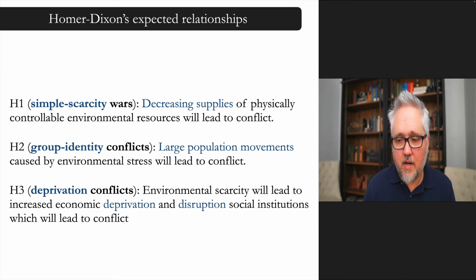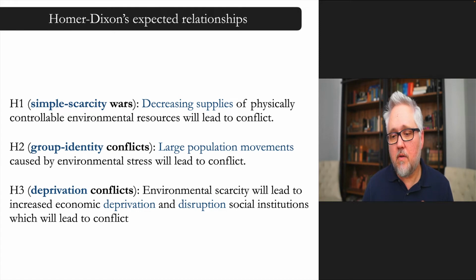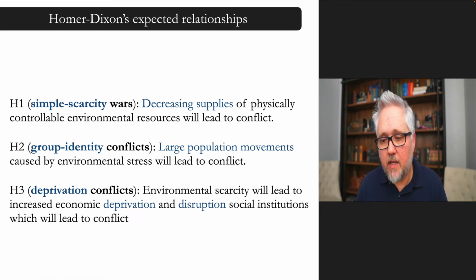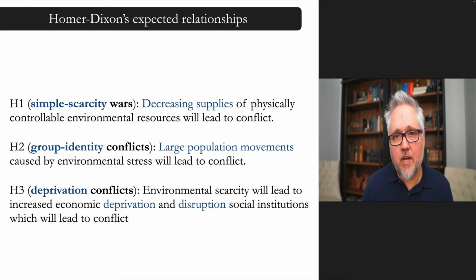So environmental scarcity will lead to economic deprivation, and disruption of social institutions will lead to conflict. And so there's a direct relationship with hypothesis 1, a more indirect relationship leading through migration in hypothesis 2, and then hypothesis 3 is more of an indirect relationship as well, leading through economic deprivation and disruption, which should seem familiar after our discussions in week 2.